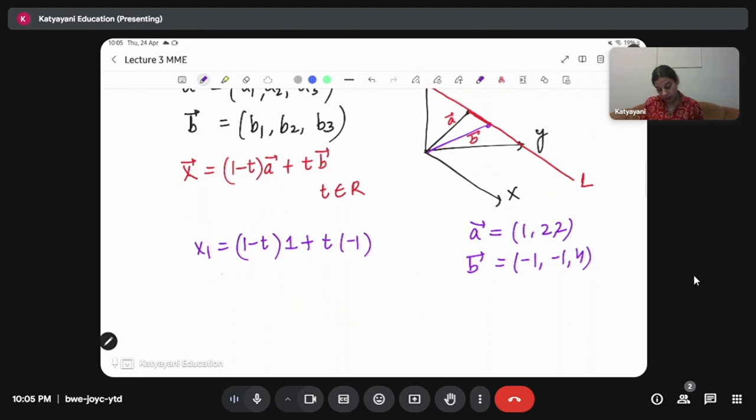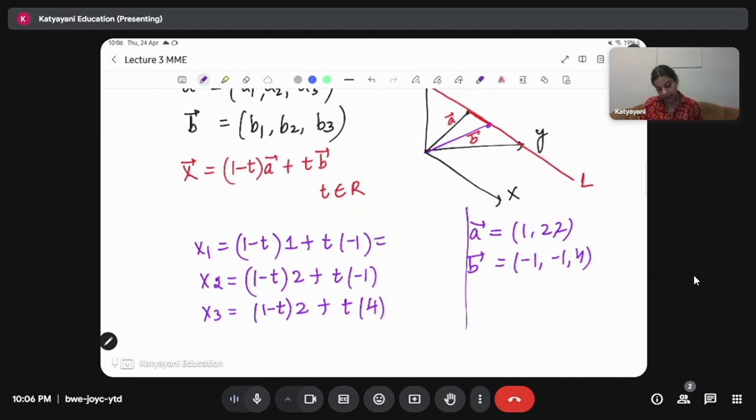Similarly, x2 would be 1 minus t times a2, where a2 is 2, plus t times b2, where b2 is minus 1 again. And x3 would be 1 minus t times a3, where a3 is 2, and then t times b3, where b3 is 4. So what do I get?